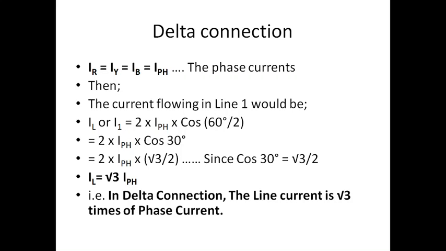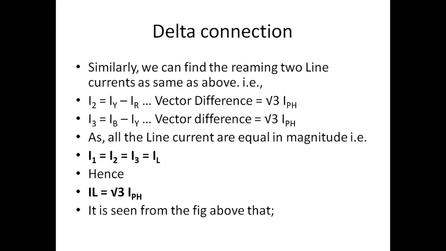Again, here also we need to go for power, which is calculated with 3 root 3. Line current is root 3 times of your phase current. Since we are dealing with three phase, root 3 comes into action. So line currents are equal in magnitude: I1, I2, I3 are equal to IL.